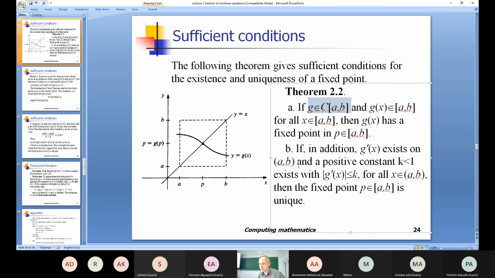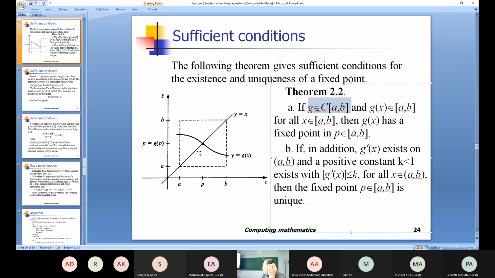We already considered that the geometric interpretation of a fixed point is a point of intersection between the line y equals x and the graph of the function. So yes, it seems that if the function is inside this square, there will be a point of intersection between the function and the line y equals x.